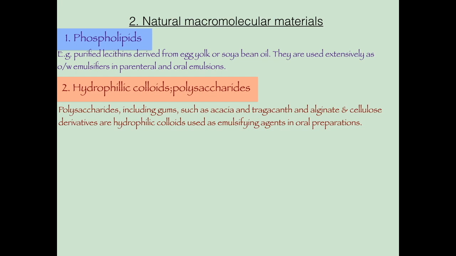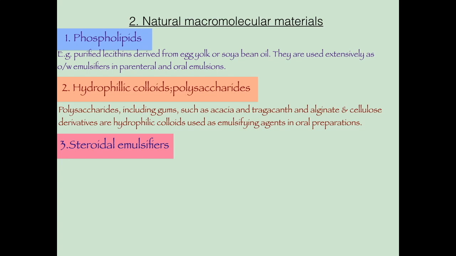And some polysaccharides form poor interfacial films and are relatively inefficient emulsifiers when used alone. Rather, they act mainly as viscosity modifiers as they increase the consistency of the external phase. In this way, they act as rheological barrier and thereby inhibit creaming and coalescence.